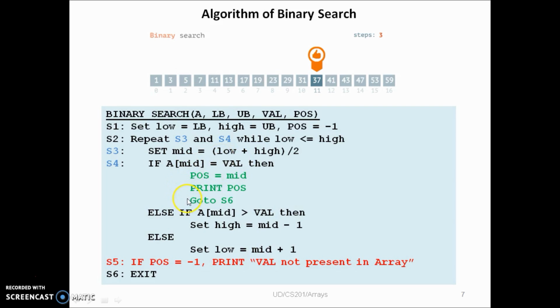If the match has been found, then we can safely populate the output parameter POS with the mid position, and we can print the position value because the match has happened, and we can safely exit. If the match has not happened, then we need to check whether the mid element is greater than the search value.